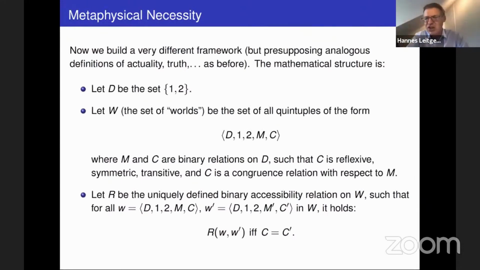Again, I'm doing intensional semantics in a sense, okay? And now here I actually explicitly define the accessibility relation. I say W prime, a world, is accessible from W just in case their congruence relations are identical. The congruence relation C of the one world is identical to the congruence relation C prime of the other world. So very simple case, okay? For the more interesting cases, you would have to refine that.